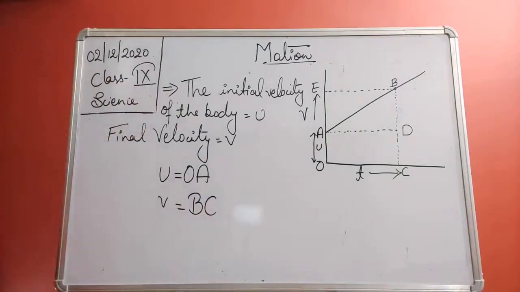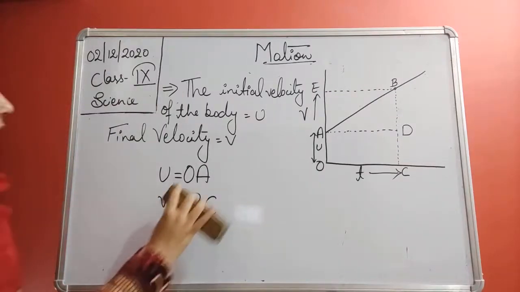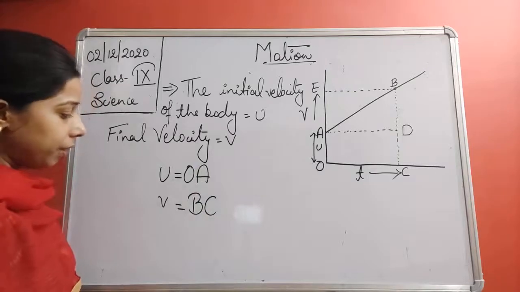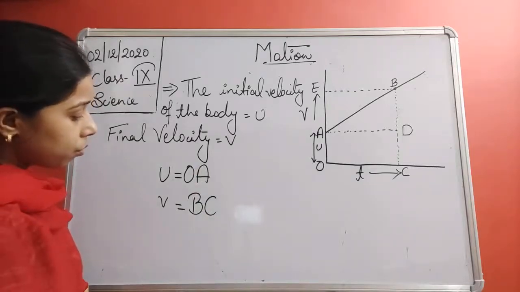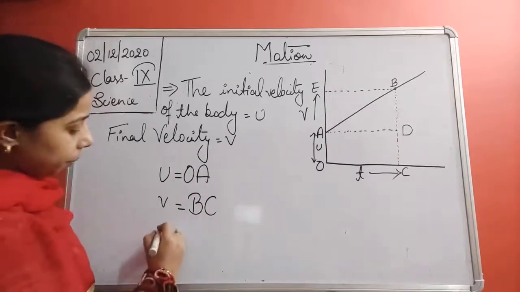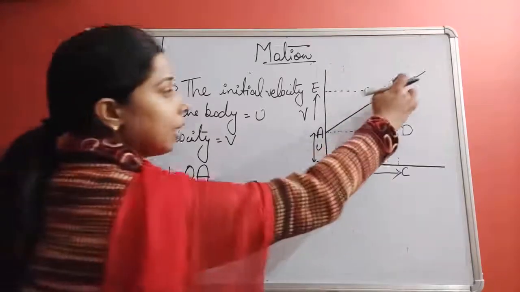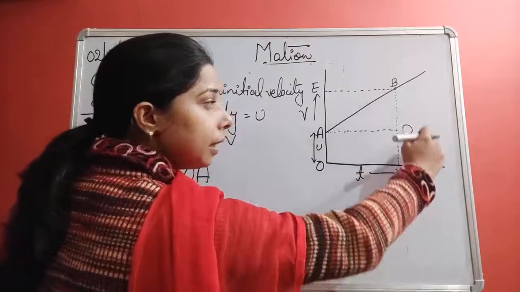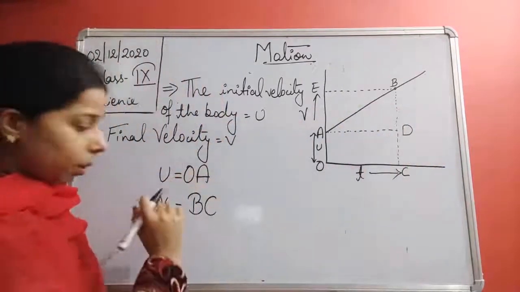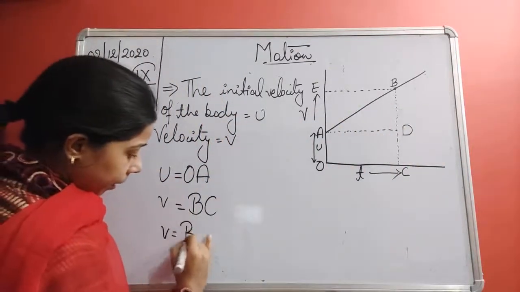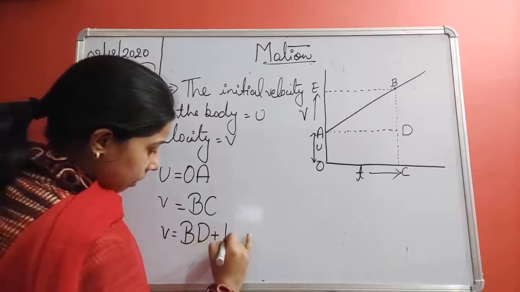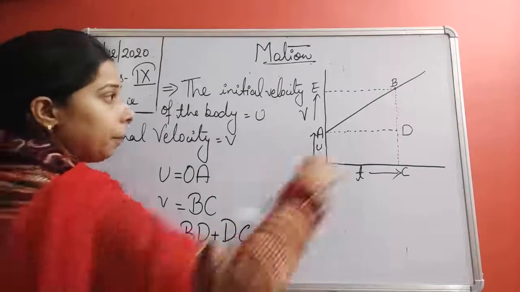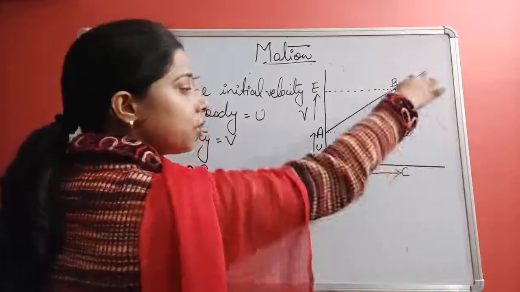So we can write it, final velocity is represented by BC. Okay. Now, before we go further, let me clear up that BC. Now you see here, students, this BC can be represented as BD plus CD, or DC. So BD plus DC is equal to BC.